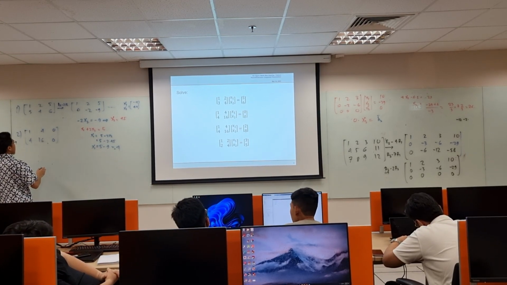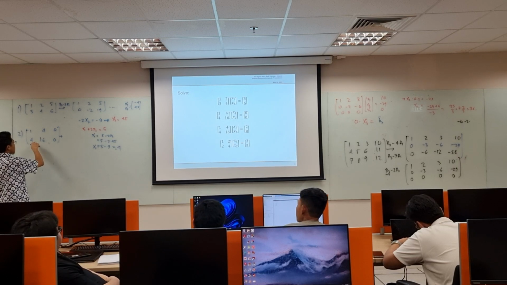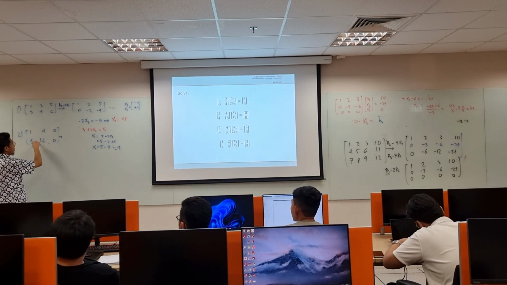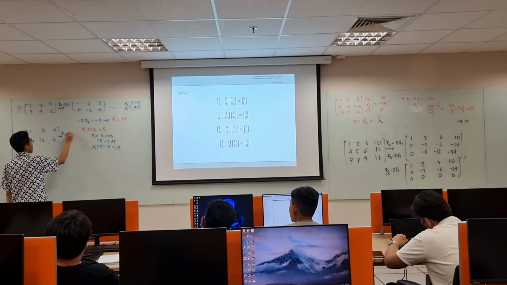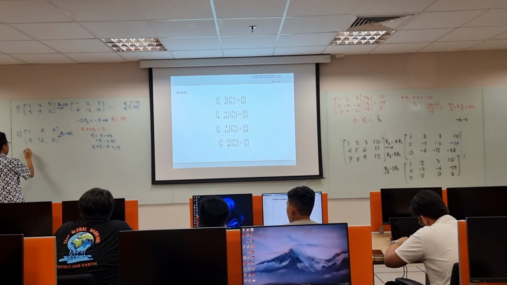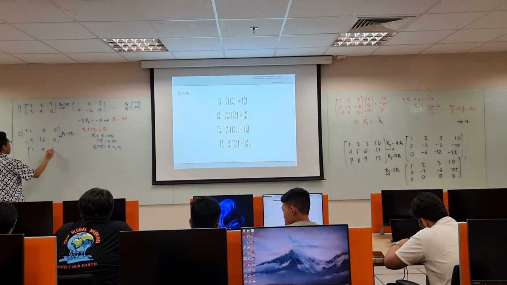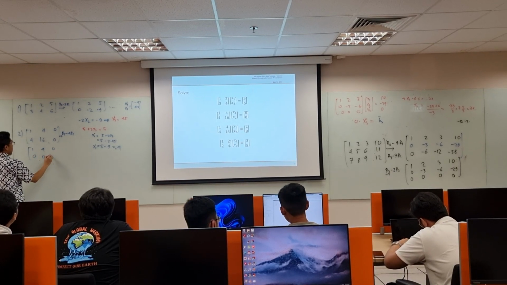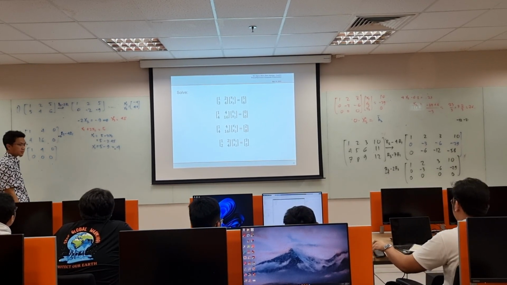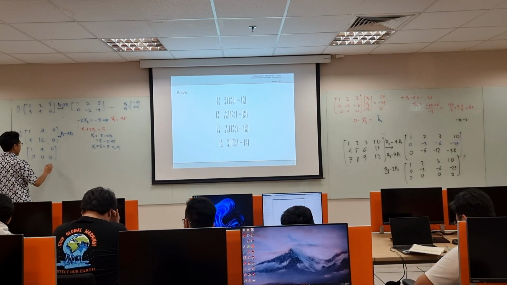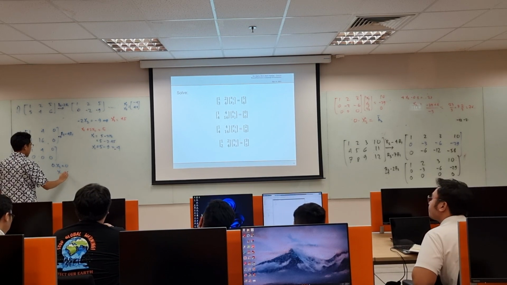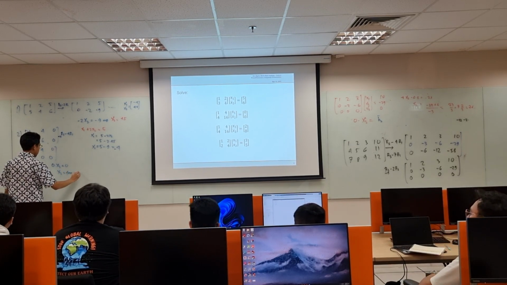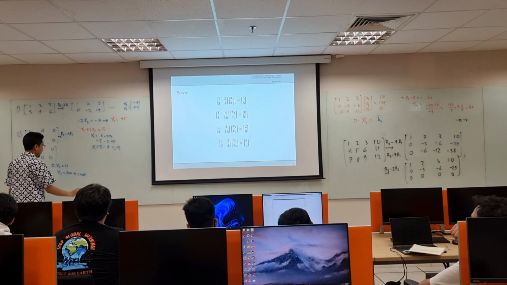Okay, so what do we do here? We just do row 2 minus 4 times row 1. So 1, 4, and 0. Everything else is 0. So that means 0 times x2 equal to 0, and x2 is free to choose.